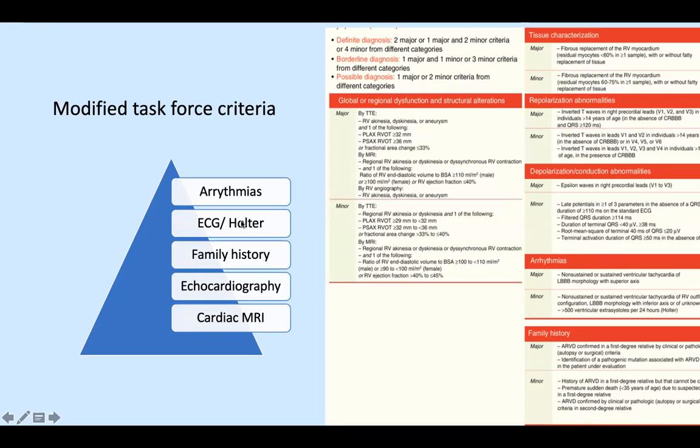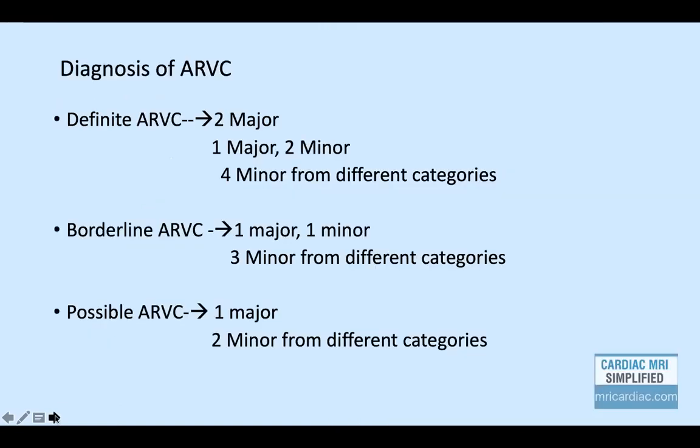So depending on the ECG, Holter, type of arrhythmia, family history, and echo and MRI findings, ARVC can be diagnosed. The diagnosis is basically by obtaining major and minor criteria. So it is multifactorial.